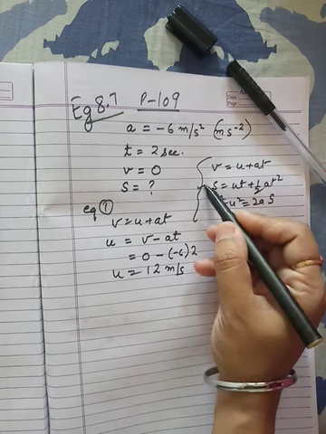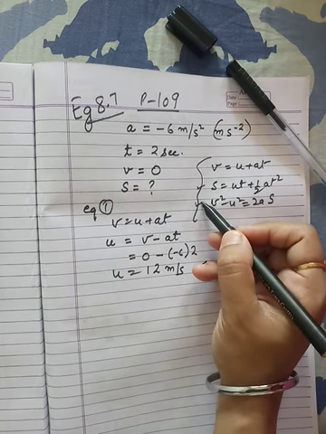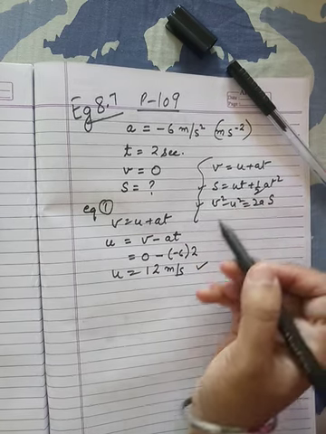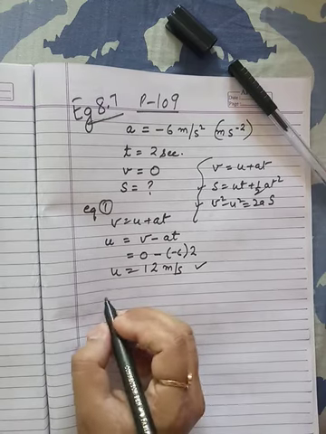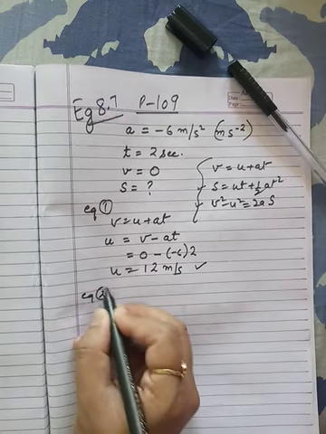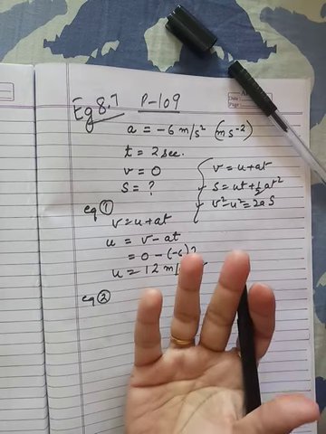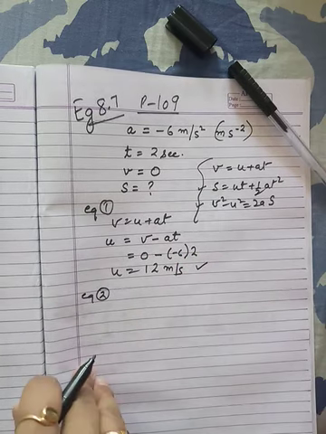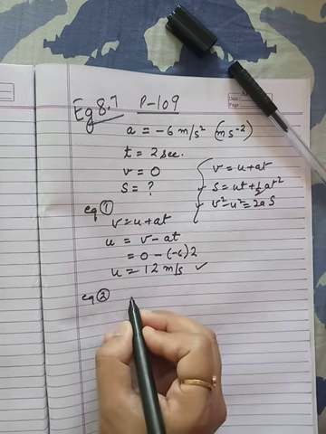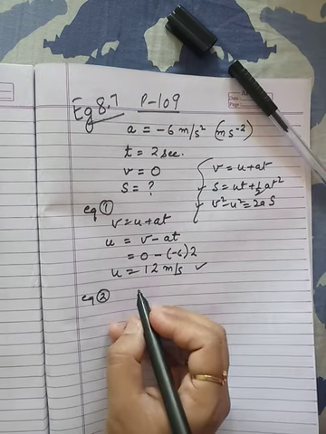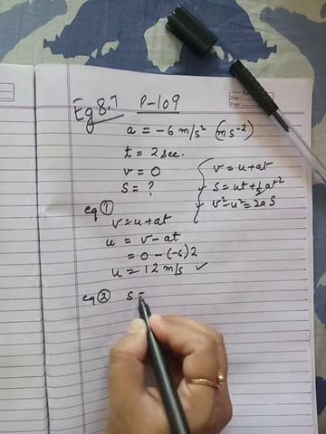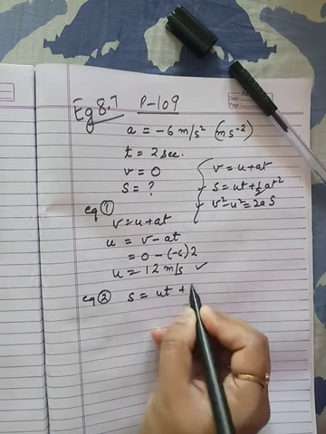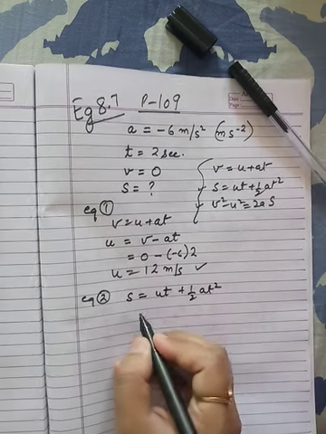Either you use this equation or you use this equation, any one you can use now. So using equation number 2, because we have used equation number 3 in the previous question, I can use equation number 2. So s equals ut plus half at square.